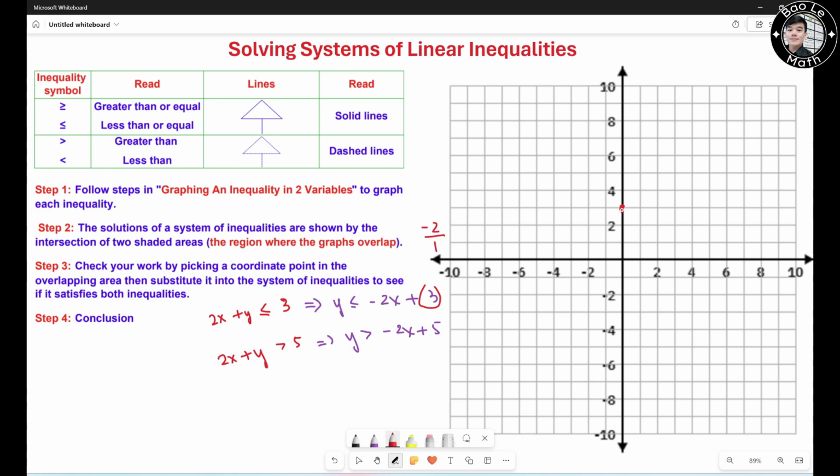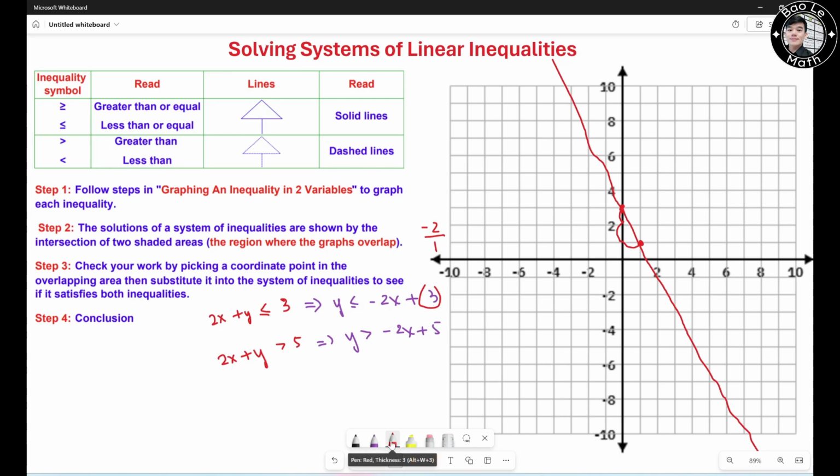So I'm gonna go down by 2 and go to the left by 1. I get this point right here. I can connect these 2 points to make the graph of this inequality, right? And I have the equal sign right here. So my line should be the solid line.